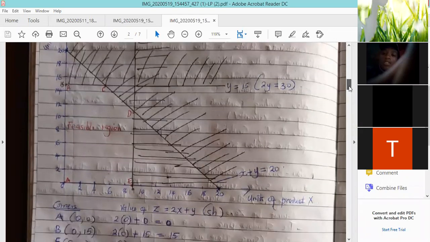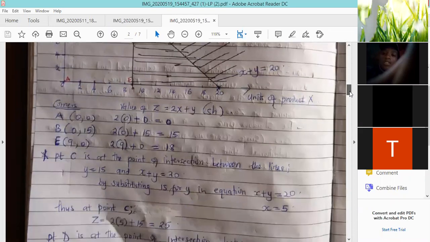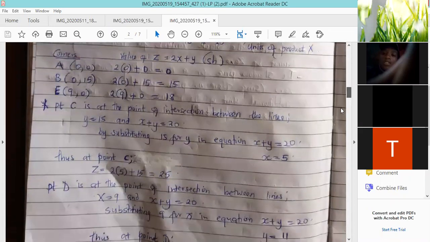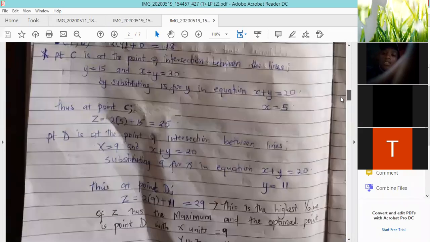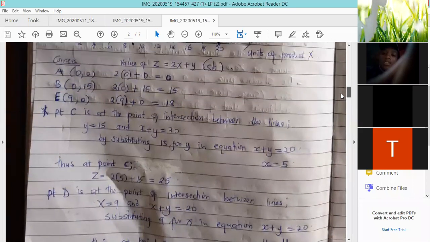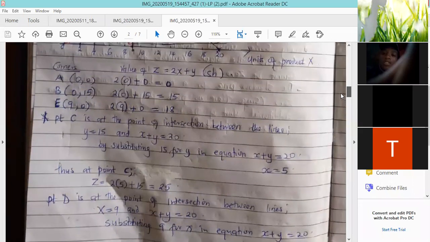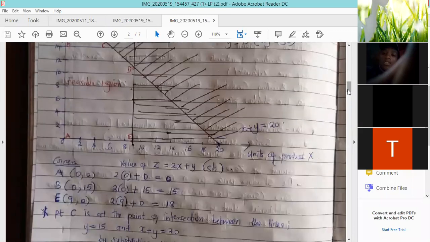You can substitute the known y into the other equation, and so you find the correct coordinates. And that is what I've done, to be very careful that I end up getting the correct coordinates of the variables x and y before I do the substitution. Then again, at the point D, which I may not be able to tell exactly, like when I was drawing, you see one cannot exactly estimate, yeah?